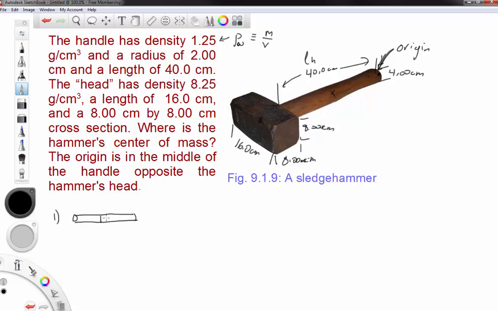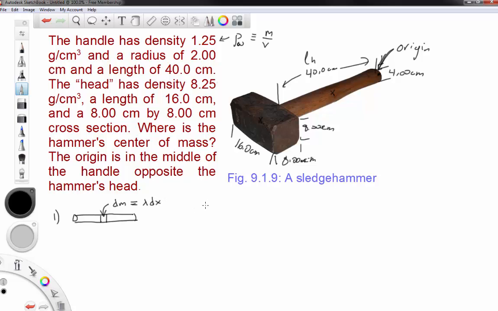We have some particular section of the handle, and this section of the handle is going to have a mass of dm, which might be best represented as lambda times dx.